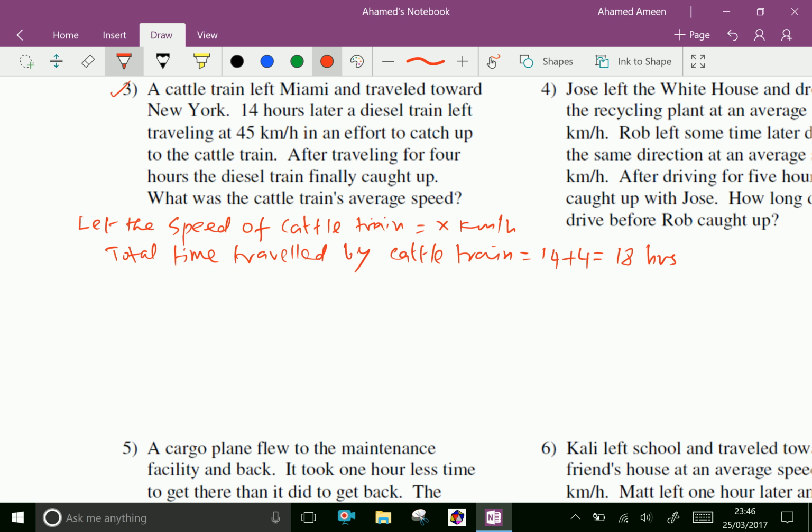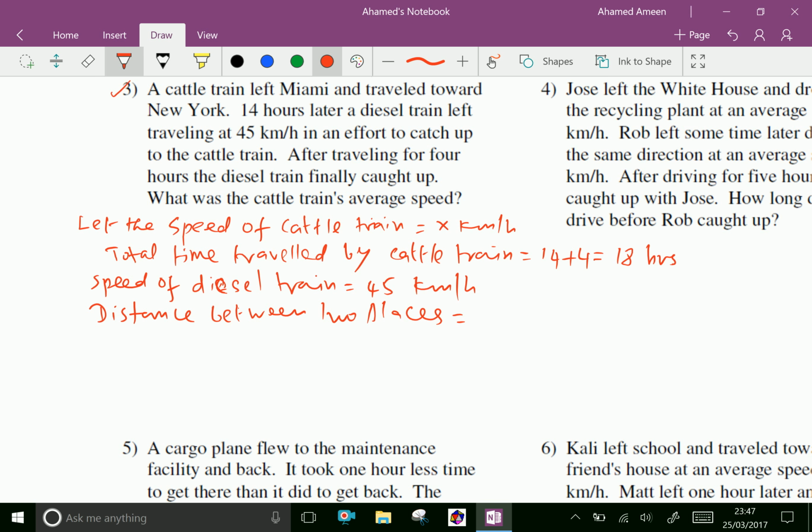Now speed of diesel train equal 45 kilometer per hour, given. Distance between two places equal distance between starting point and meeting place.